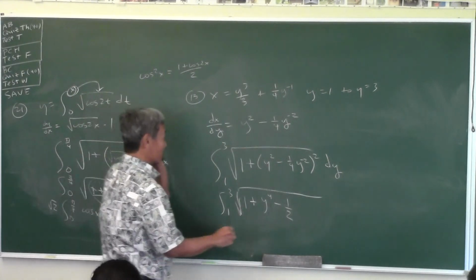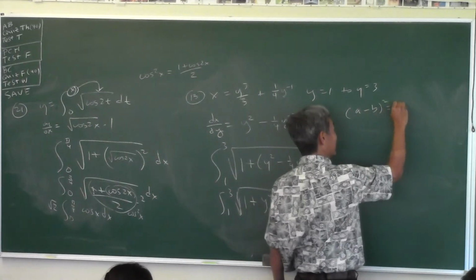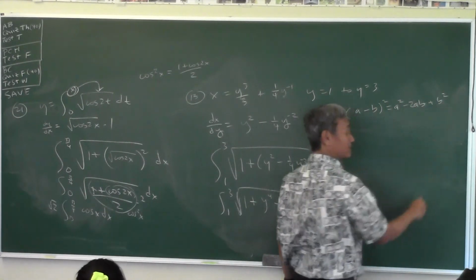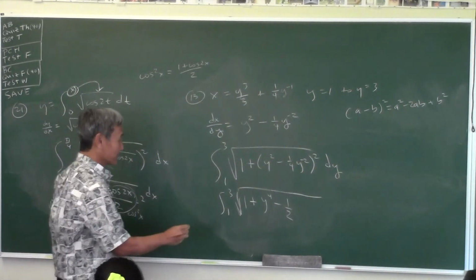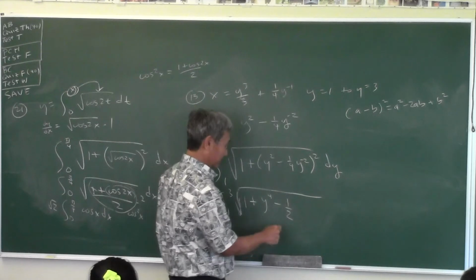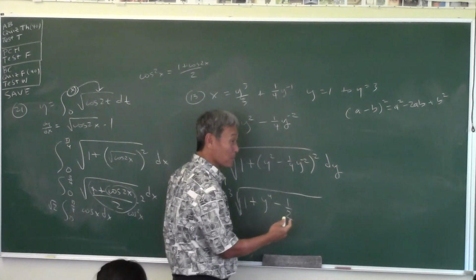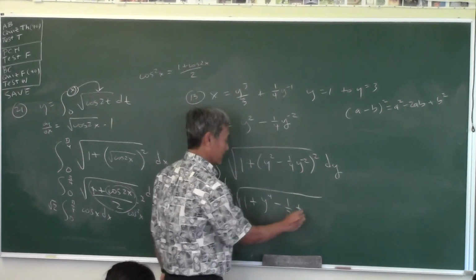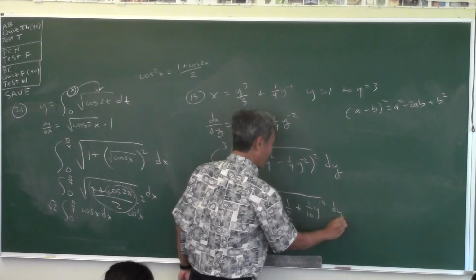Okay, let's go back to algebra 1. A minus b squared is a squared minus 2ab plus b squared. Okay, that's correct.